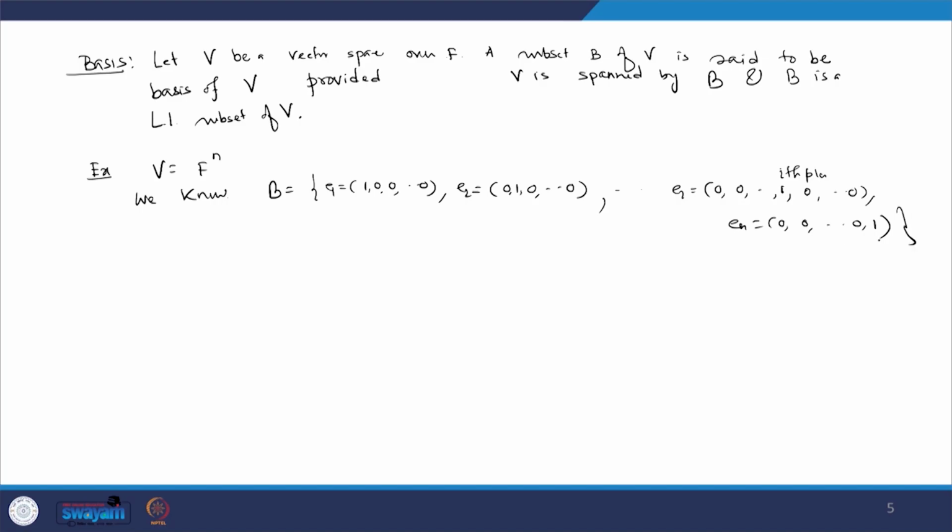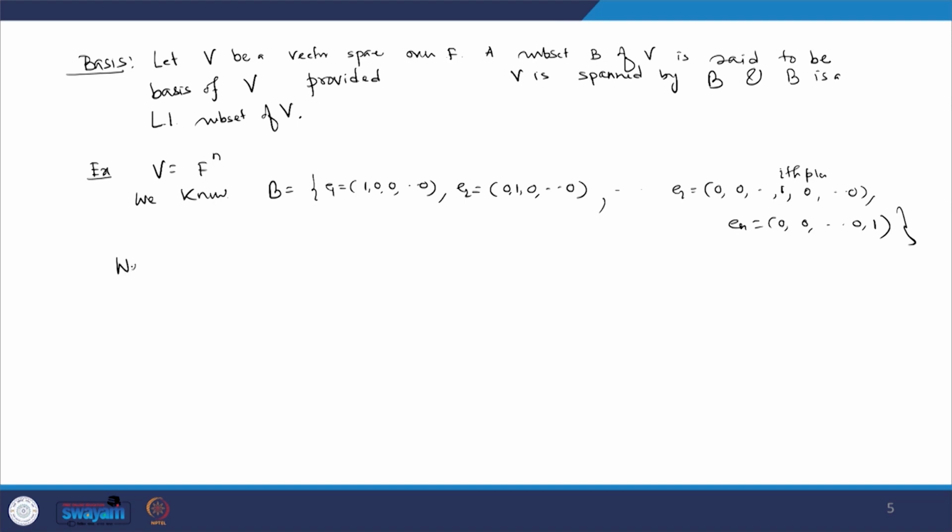If I consider this as a subset of the vector space V, then I can immediately show that this will span the vector space V. Okay.